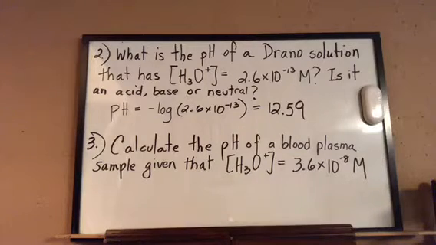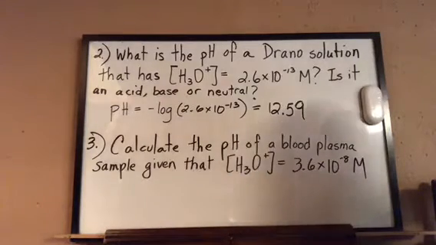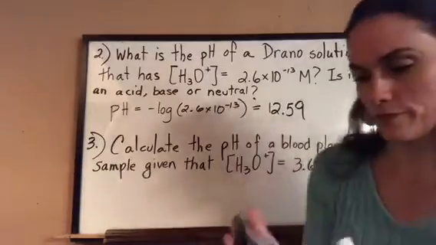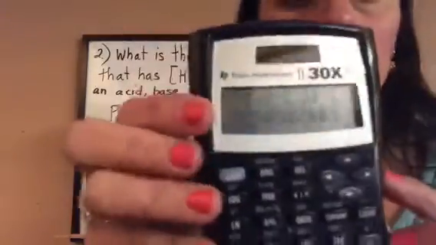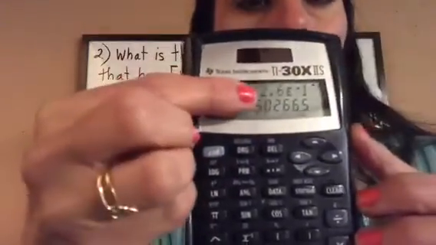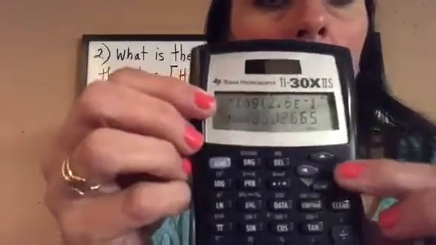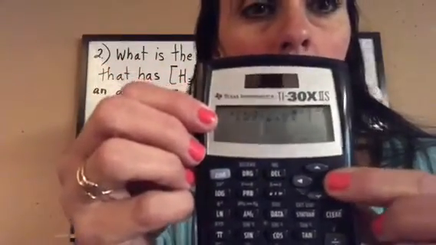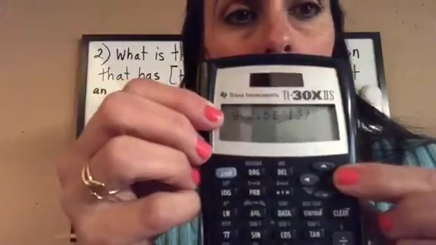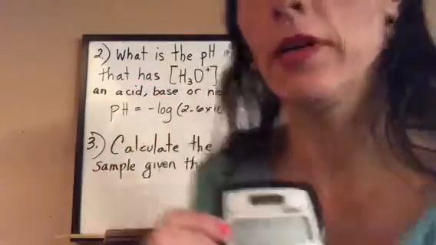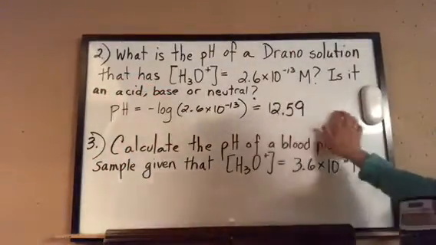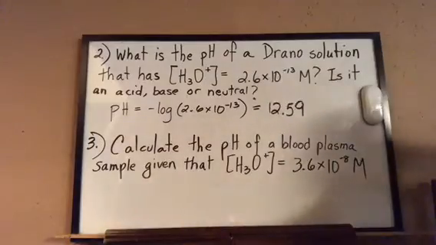And that would be the pH of the solution. Okay? So negative log 2.6 times 10 to the negative 13th, close the parenthesis, enter, and you get this, okay? You get a non-terminating decimal.